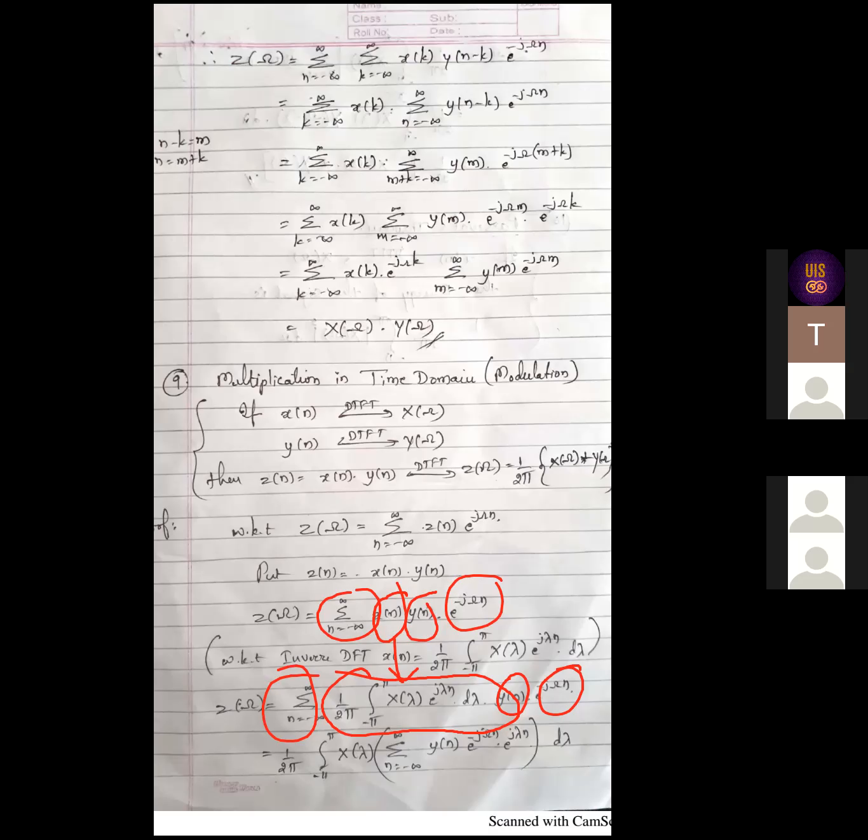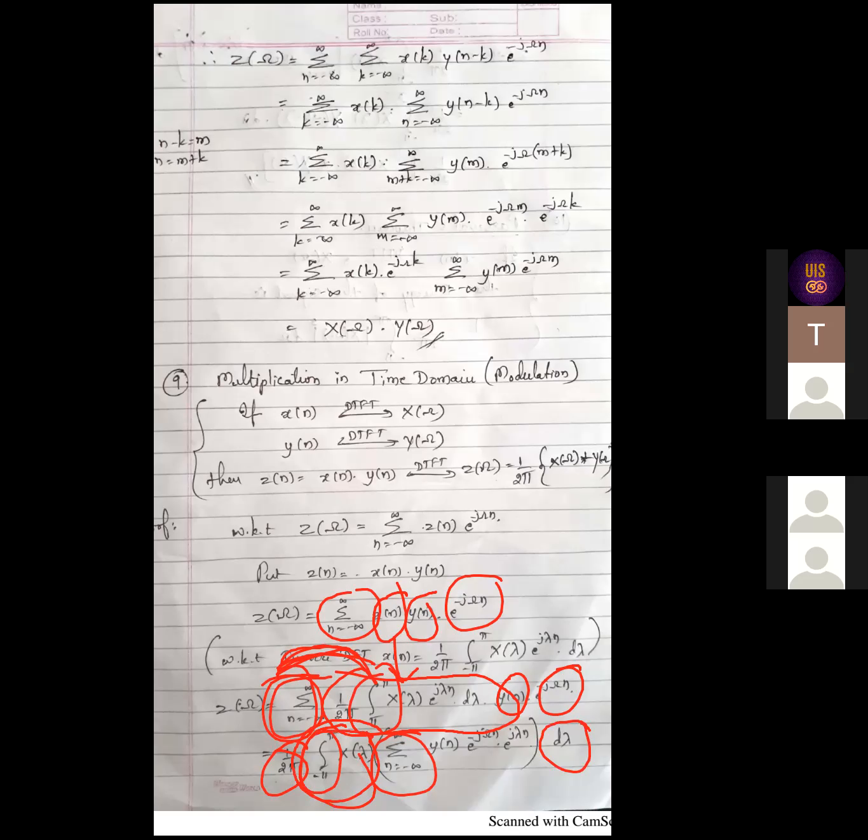So in the next step, again some rearrangements. The constant 1 by 2 pi, I take outside. Now I'm changing the order of the summation and integration. First I take the integration, and inside it the summation. I keep x of lambda and d lambda at the end, because the integration comes first.